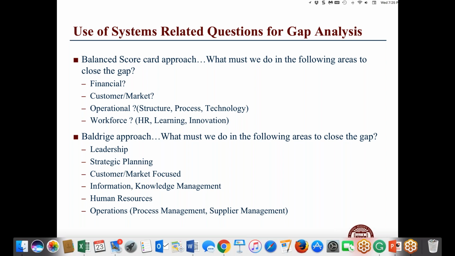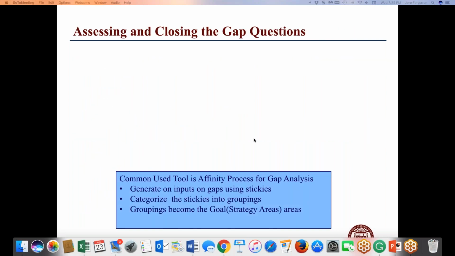And as teams, these are some of the things we should look at. As far as the questions the team should be looking at when they're trying to assess how do we close the gap, they want to look at things like how different is our existing organizational culture from the required one.